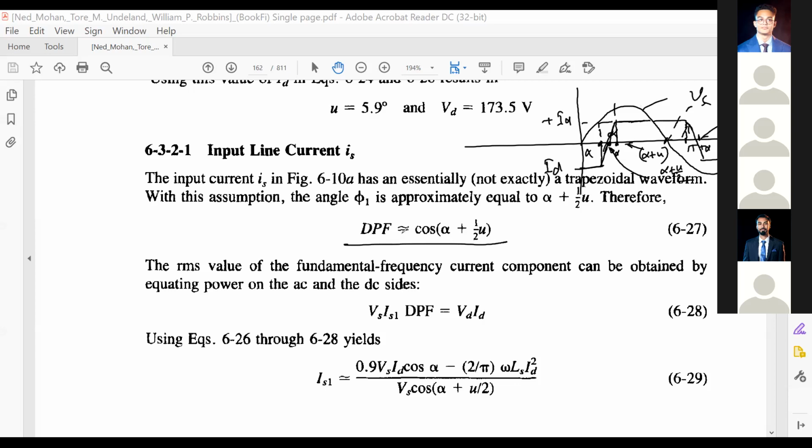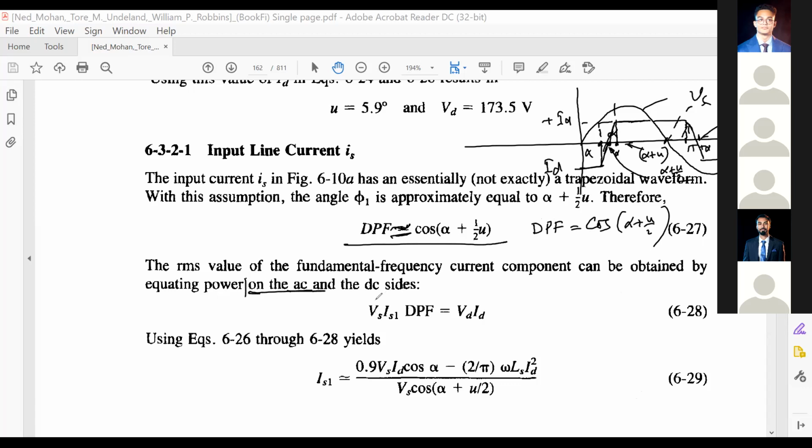Why is it not exactly equal to cosine of alpha plus u by 2? Because it is in between, it may be a little deviated from u by 2. That is why they have put a sign like this. Anyway, you can write down this one, it is very much close.